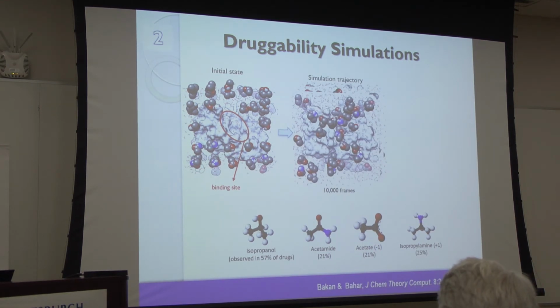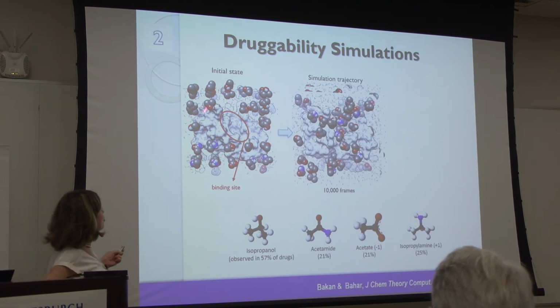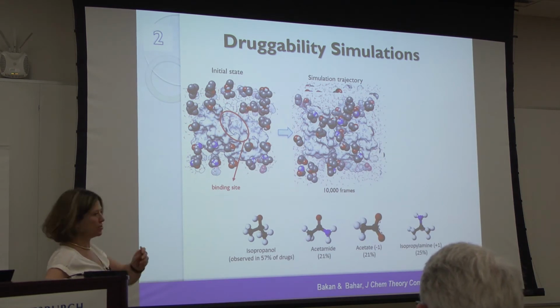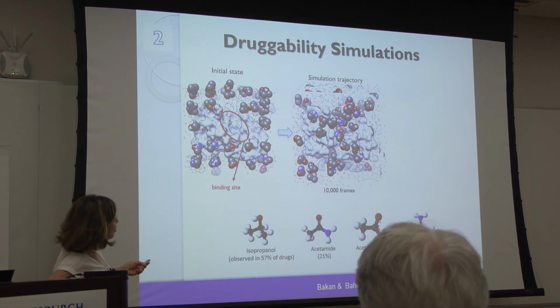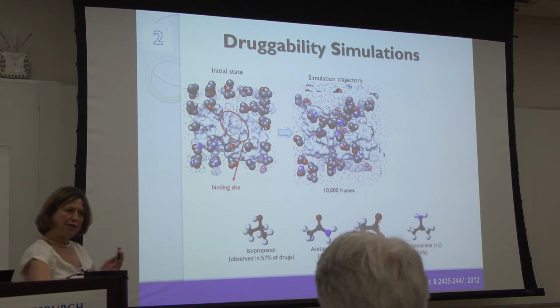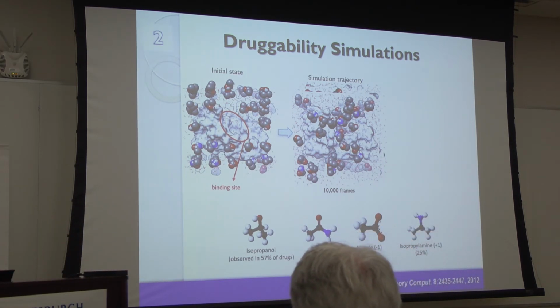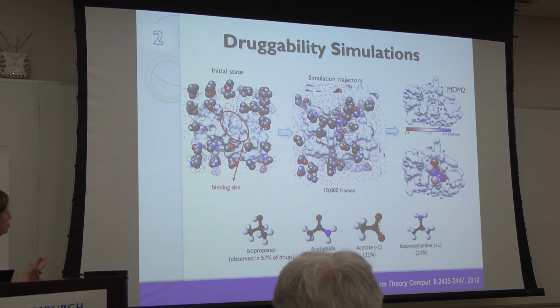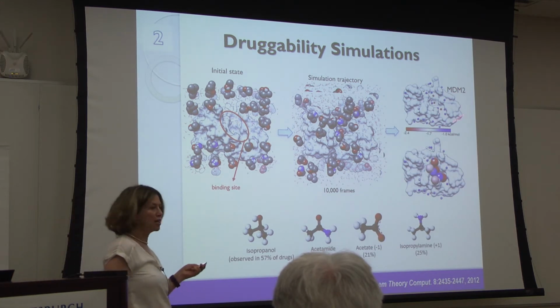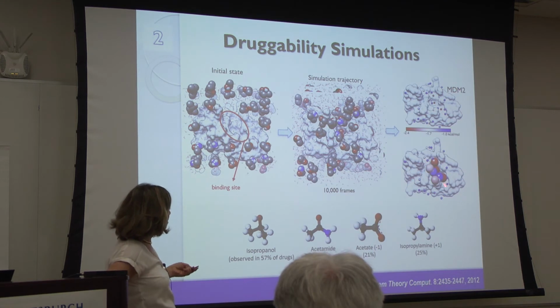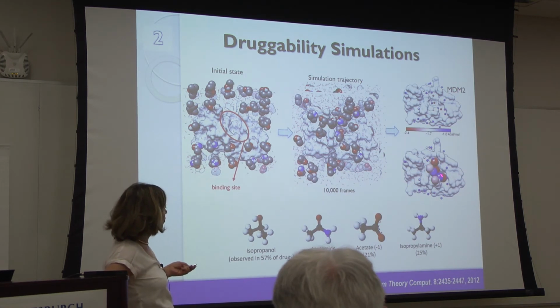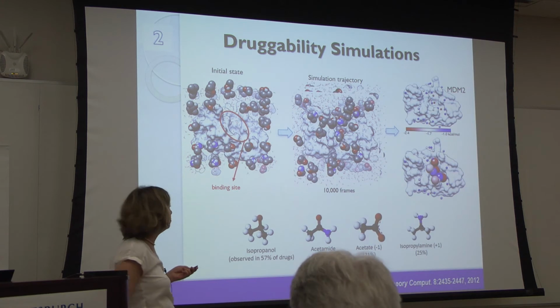Okay. So when you start the simulations, originally you place the probes just randomly everywhere. But after a while, you would see that some regions preferably attract the probes. And then you start to analyze, for example, in this case, MDM2, which is a p53 substrate. There is a region which really likes to bind the probe molecules.